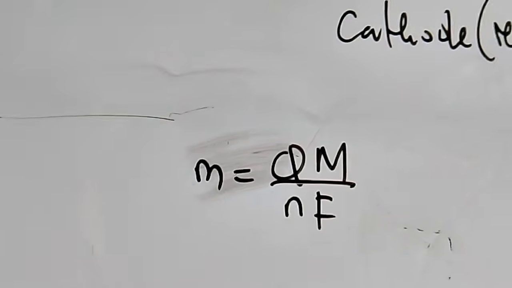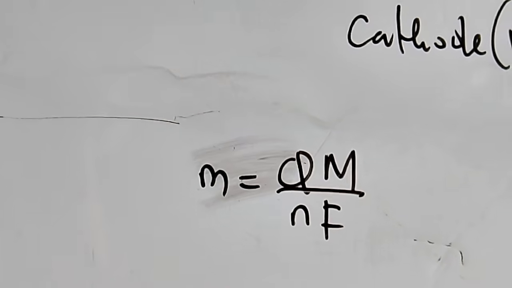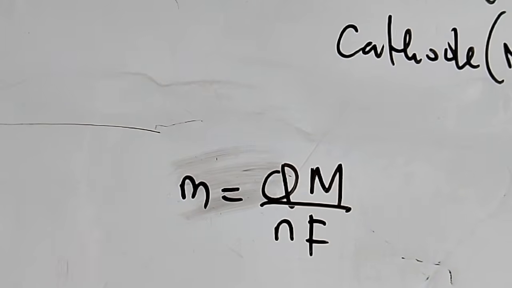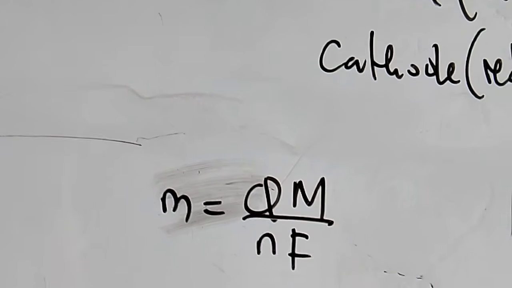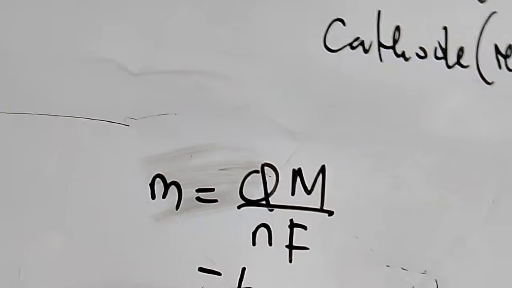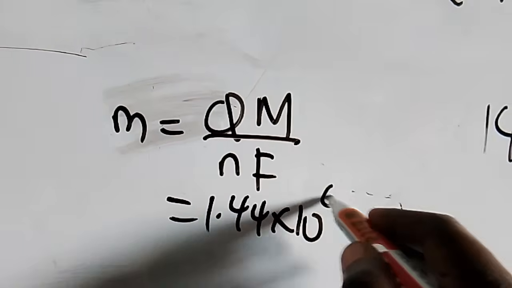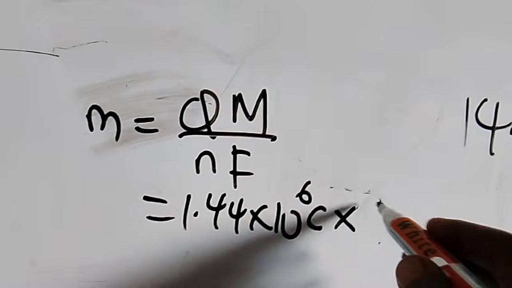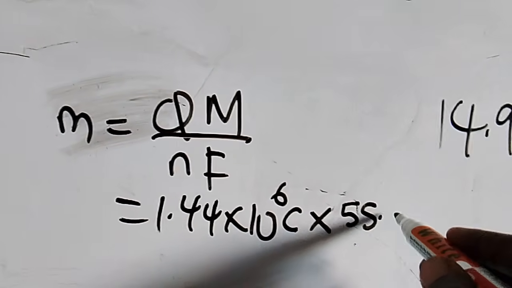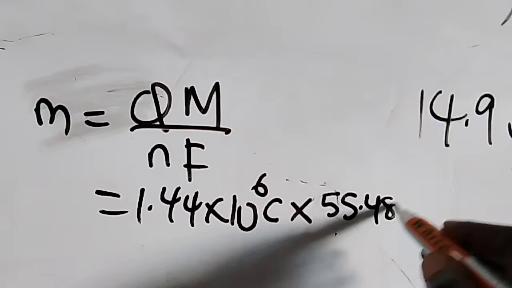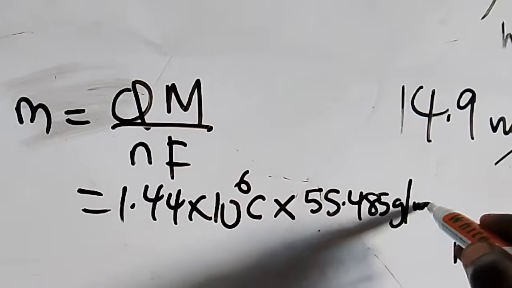The charge calculated is 1.44 times 10 to the power 6 coulombs times the molar mass of iron, 55.485 grams per mole.